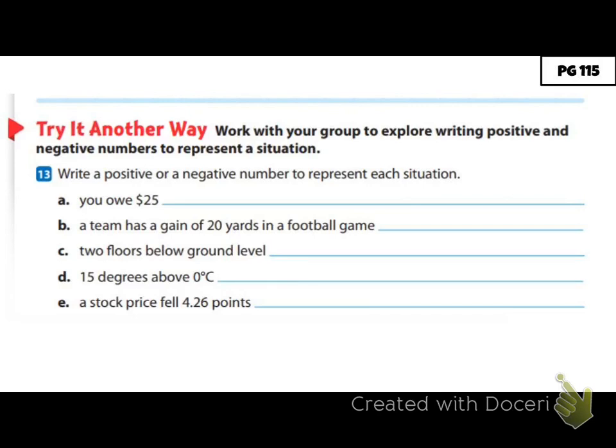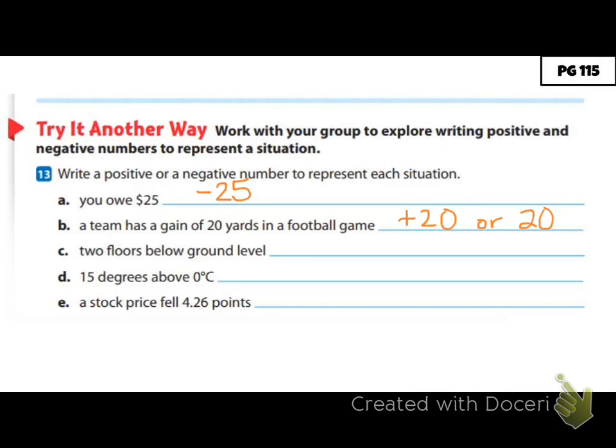So if we look at A, it says you owe $25. Well, if you owe somebody something, that would be a negative, so we would put negative 25. B, a team has a gain of 20 yards in a football game. Well, gain is going up, so that would be a positive 20, or you could just write 20. C, 2 floors below ground level.